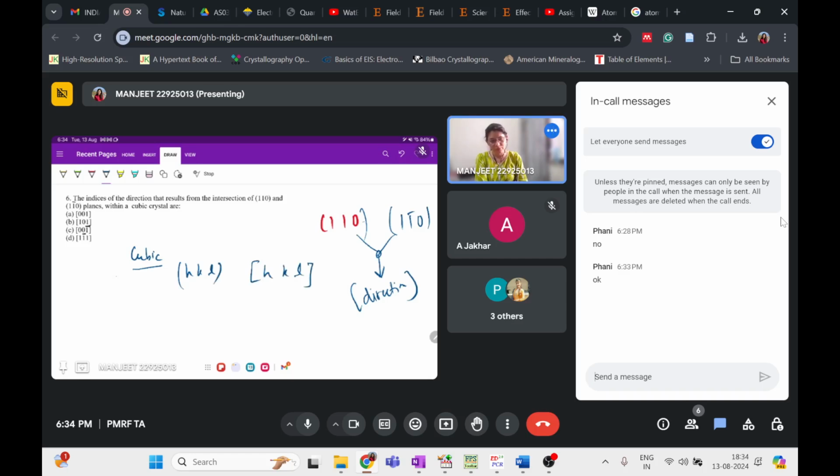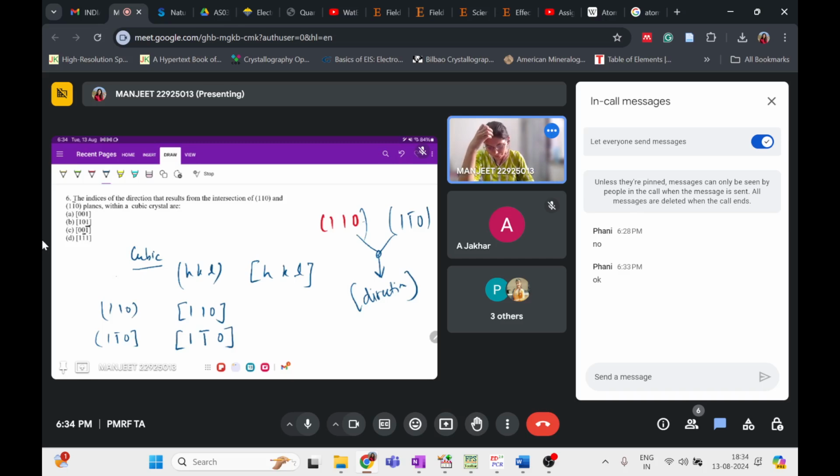Same for the (1 1 0) plane, the direction will be [1 1 0], and for the (1 -1 0) plane, the direction will be [1 -1 0].